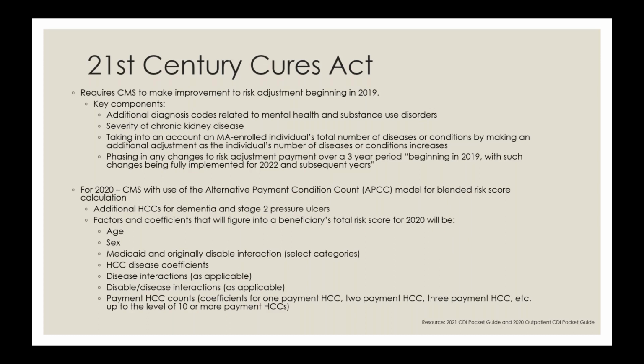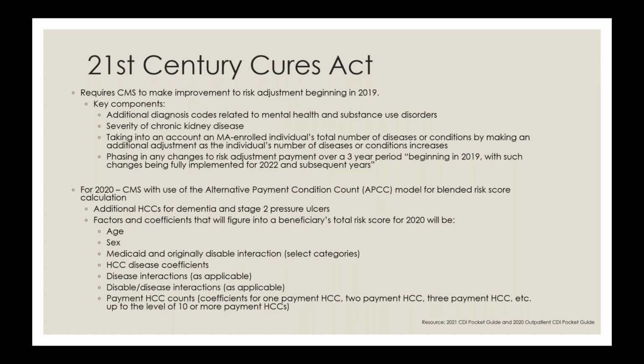And then also there's going to be phases and changes of risk adjustment payment over a 3-year period, which began in 2019 and will be fully implemented in 2020. So over that 3-year period, they're just adding those key components.